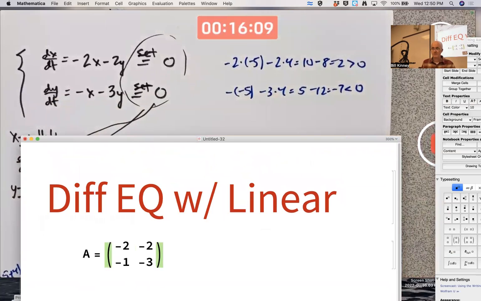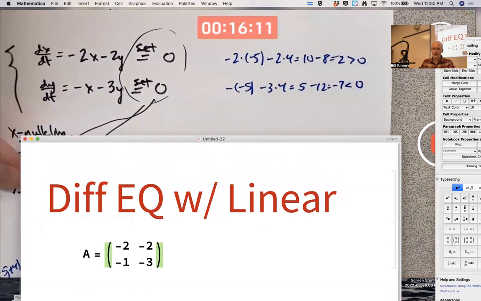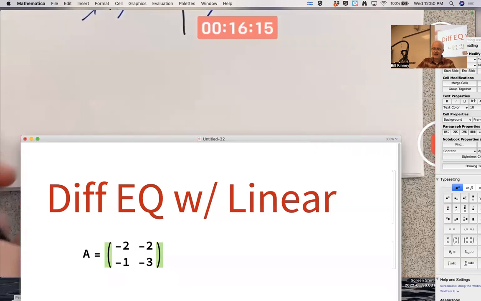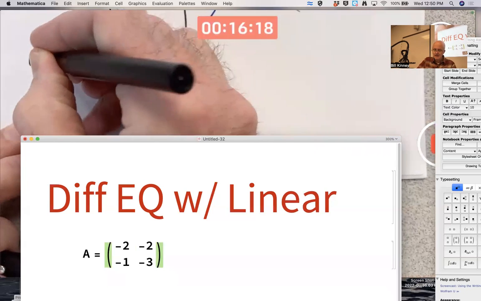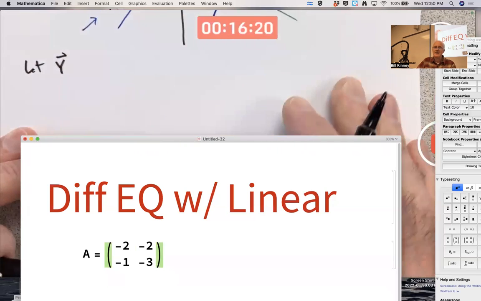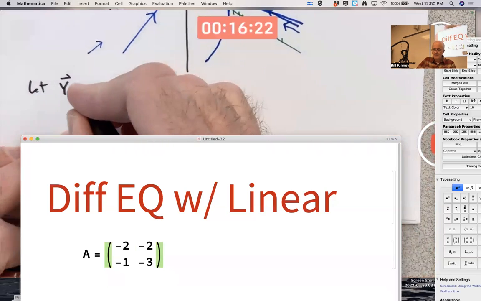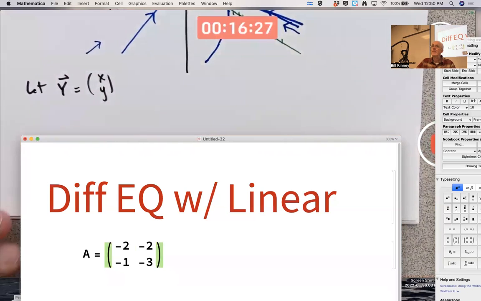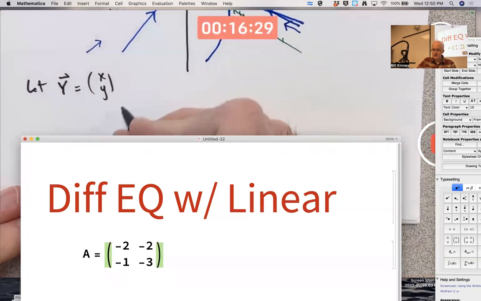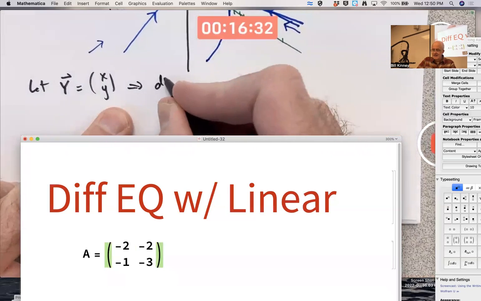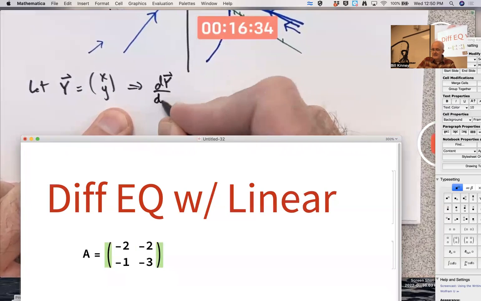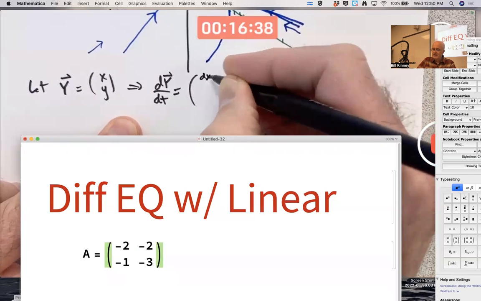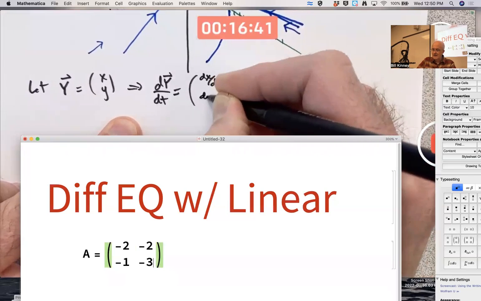In vector form, let's talk about vector form now. If I let vector capital Y have components little x, little y, so that its derivative, d capital Y dt, is a vector whose components are d little x dt and d little y dt.